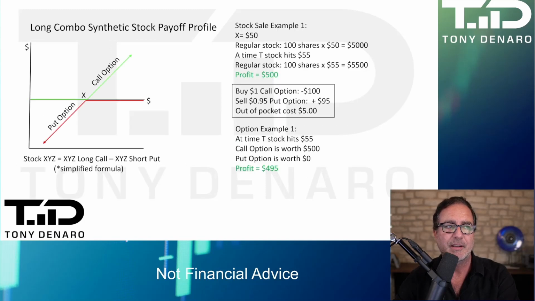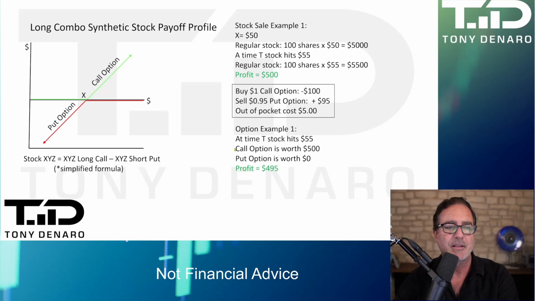Now, if we're going to compare that to the synthetic stock where we have the call and put option, let's say we bought the call option for $100. That cost us $100. We sold the put option for $95. So our out-of-pocket cost was $5. And again, we're going to assume at the end of time T, the stock itself is worth $55.